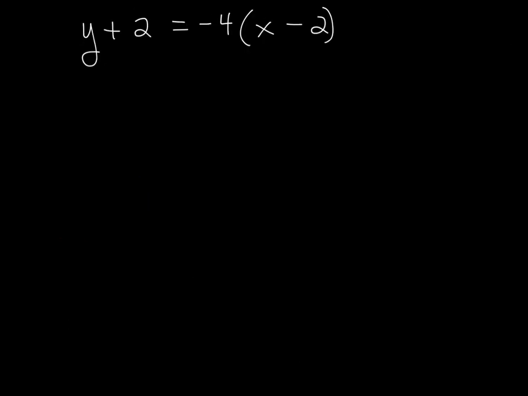All right, so in this one, I'm going to write the formula directly underneath this. So the formula is y minus y1 is equal to m times x minus x1. Now, for instance, here, this y value and this x value never changes. It does not ever become anything other than y and x.